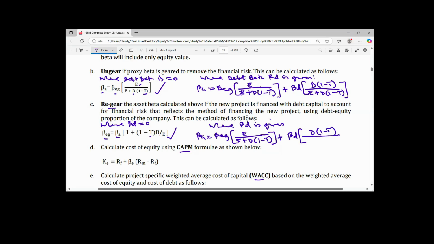All of that divided by equity value plus debt value of the main company multiplied by (1 minus tax). Okay, so that is the formula.